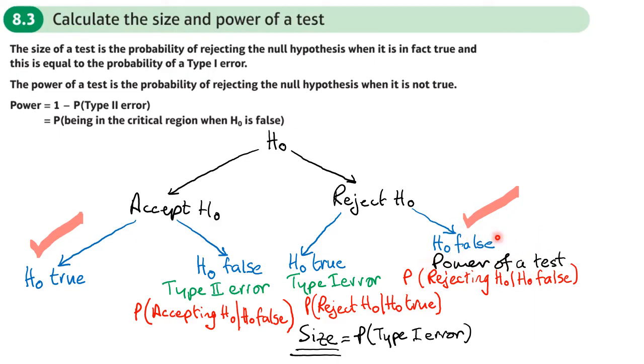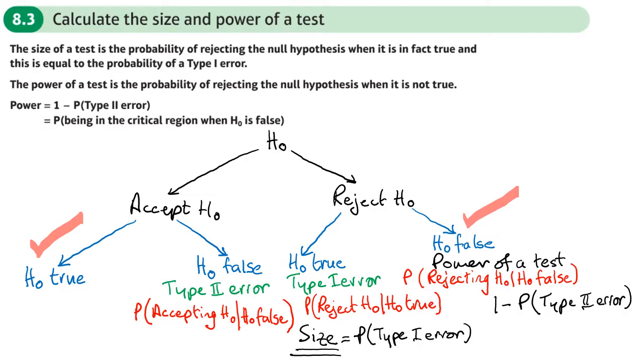And actually the power of a test is related to the size of a type 2 error. Another way of working out the power of a test is 1 minus the probability of a type 2 error.